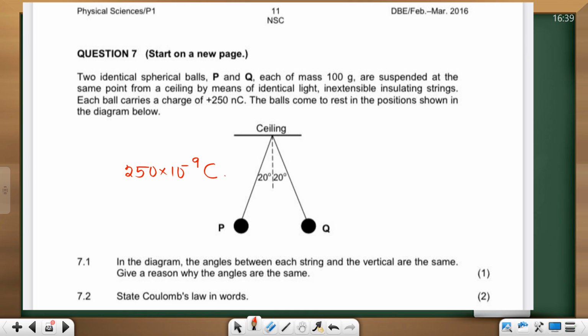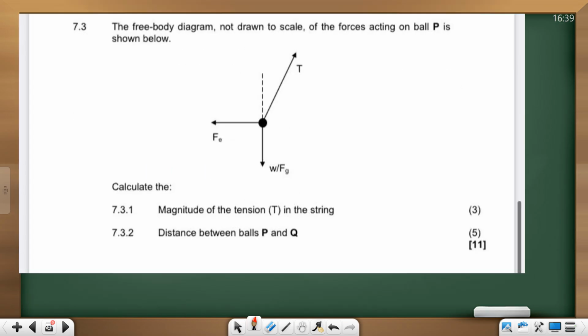So the charges are equal, hence the forces are also equal. One is not pushing more than the other. So they have equal charges and they exert the same force on each other. State Coulomb's law in words. Okay, guys. Let's look at the calculation now.